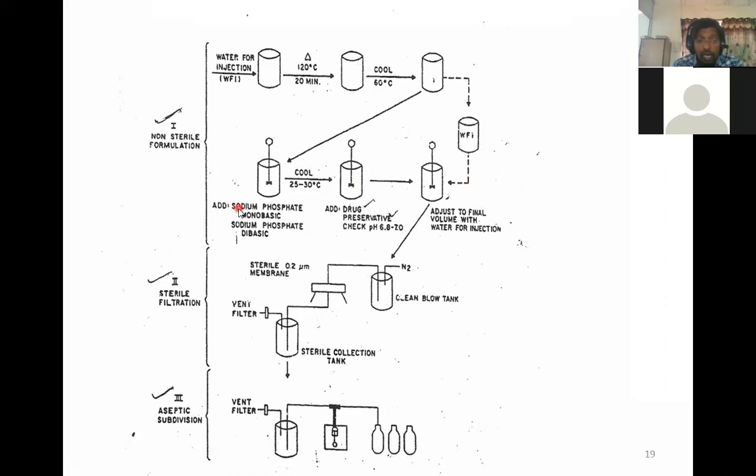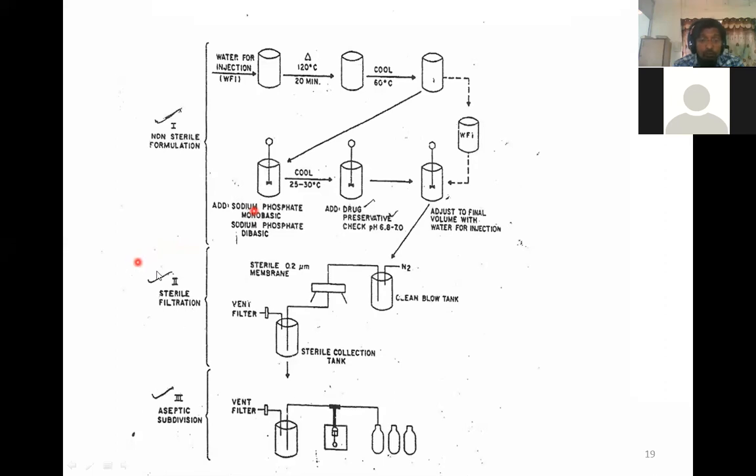In the other part, you will add monobasic sodium phosphate and dibasic sodium phosphate. Then you will cool it down further to room temperature, that is nearly 25 to 30 degrees centigrade. Then you will add drug, preservatives, and you will check the volume, check the pH, and you will manage it to 6.8 to 7.0. Then you will adjust the remaining volume with the remaining part of water for injection.